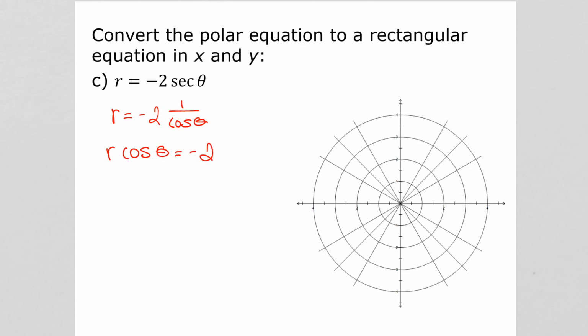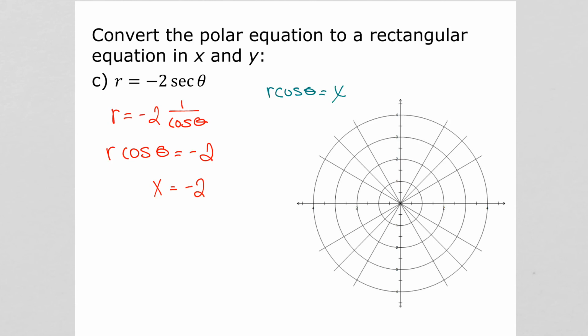How does that help us? Because we know that r cosine theta is equal to x. So we're just plugging in x for r cosine theta. So the rectangular form would be x equals negative 2.